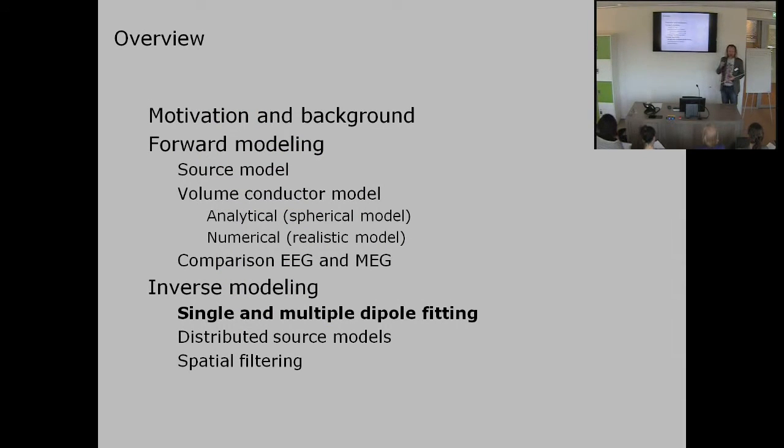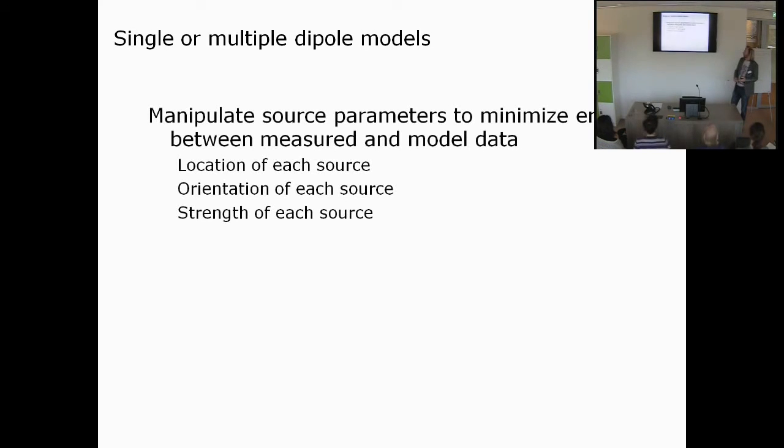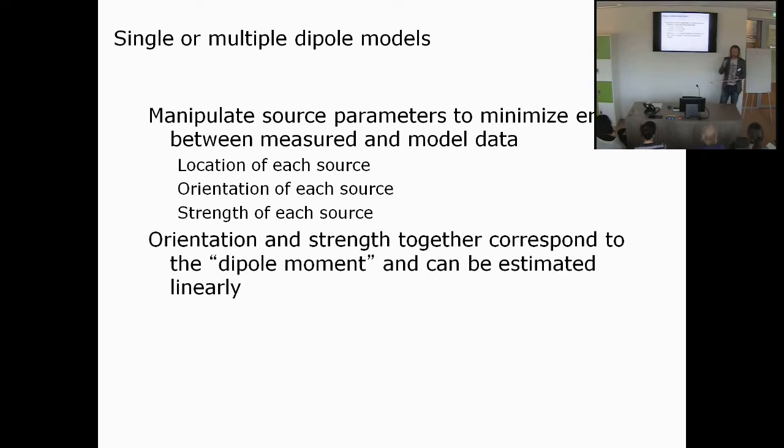So let me now go through each of the source reconstruction methods in detail. With single or multiple dipole models, what we do is we manipulate the source parameters to minimize the error between the model and the measurement. The source parameters that we can manipulate are the location of the source, the orientation, and the strength. The orientation and the strength together correspond to the dipole moment.